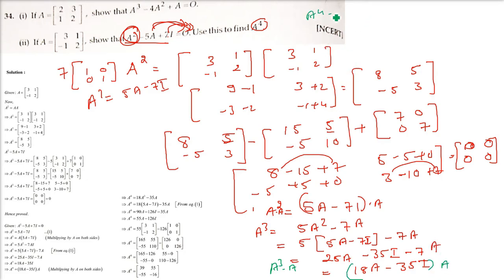A to the power 4 will be 18A into A, that is 18A square, minus 35A into I, which will be A. So 18A square is what? 5A minus 7I. It will be 5A minus 7I. 18 into 5A minus 7I minus 35A.